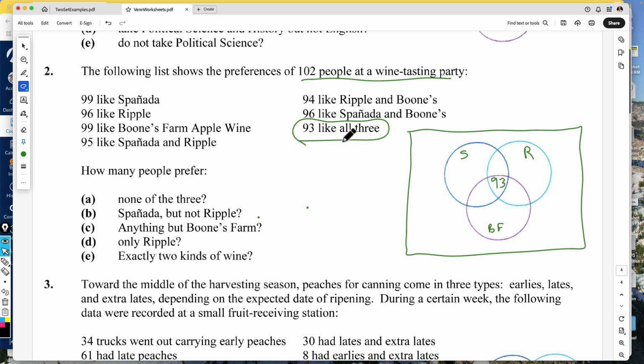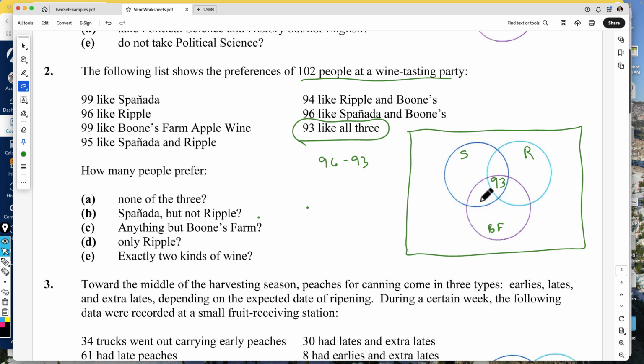So next we do the ones that liked 2 of them. 96 people like Spaniata and Boone's. Spaniata and Boone's Farm would be sort of this football-shaped area. But notice 93 have already been accounted here. So how many are in this region? Not 96, but 96 minus 93.